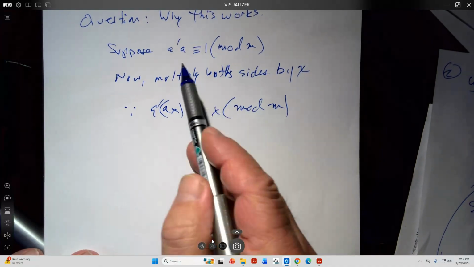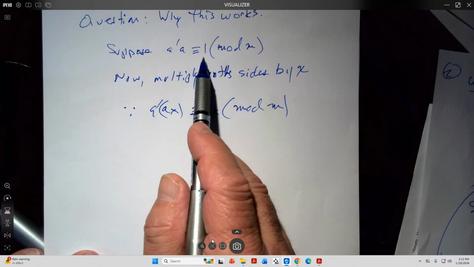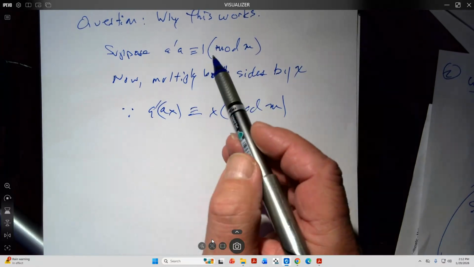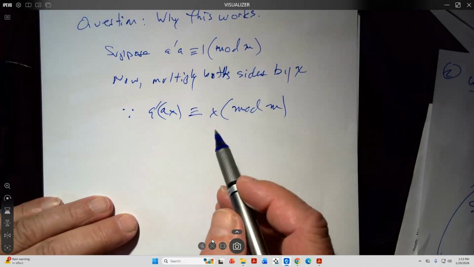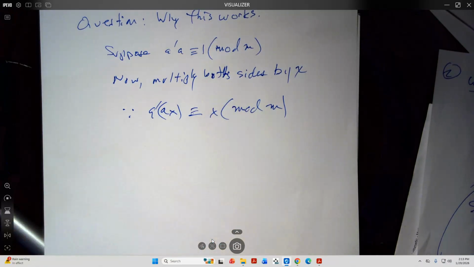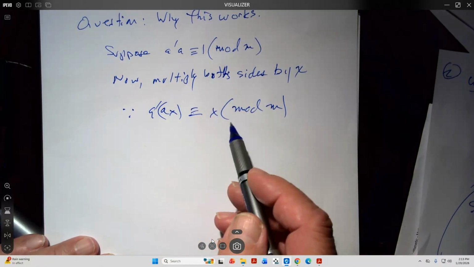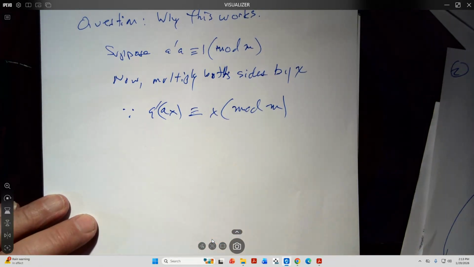It's because I want to show that I have an inverse that goes beyond just the remainder 1. So I put an X on both sides, and this produces still the same equation, except now it involves a variable. And so this becomes an inverse for all X, and that is why it works.